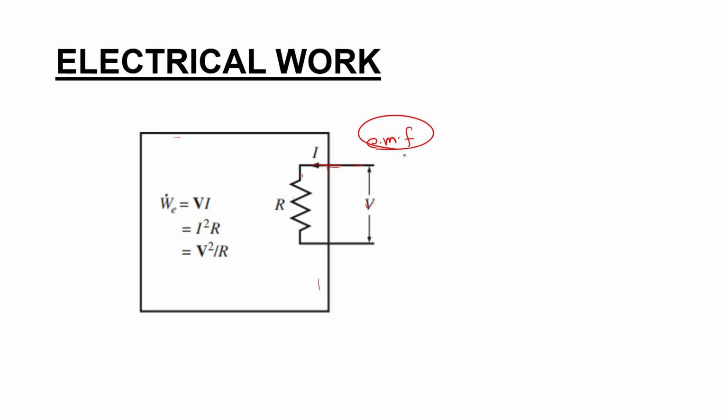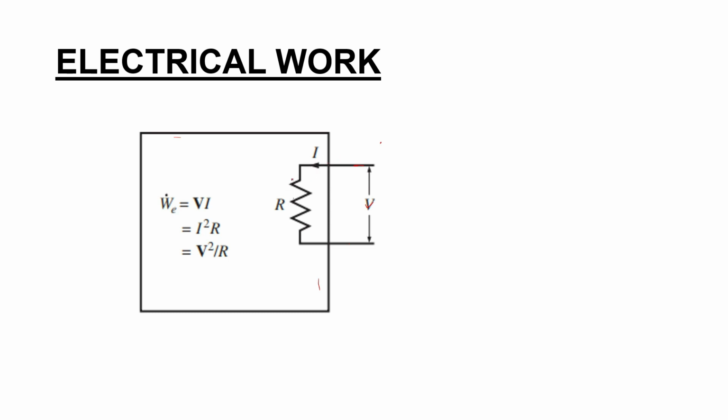So that is why there is a work transfer from outside to the system, and this is called electrical work. Here the force acting is the electromotive force. You can see that this energy transfer does not occur due to the temperature difference.